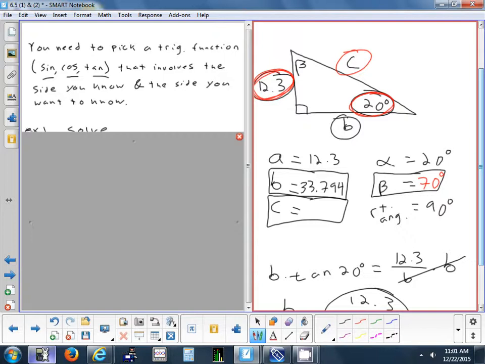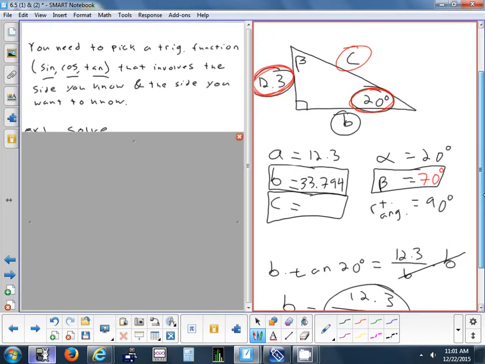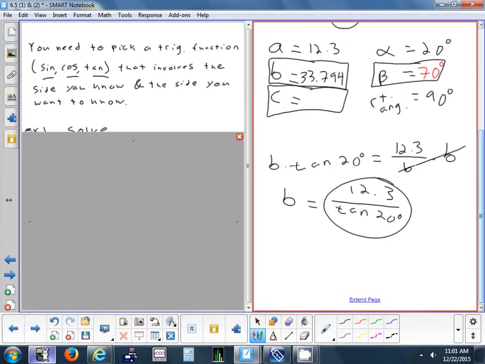Okay, anybody see which trig function I would use this time? Sine. I know the opposite. That's the side I know. The side I want to know, hypotenuse. Out of these three trig functions, the only one that has opposite and hypotenuse is sine. Okay, so what's my equation?